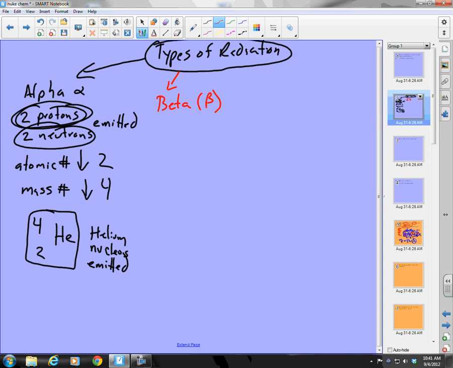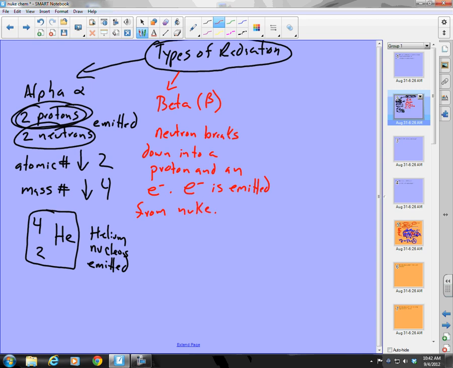In beta, I have too many neutrons, and what happens is I have a neutron which breaks down into a proton and an electron. But we're talking about inside the nucleus, so electrons don't hang around in the nucleus, and so that electron is emitted from the nucleus. It's kicked out.